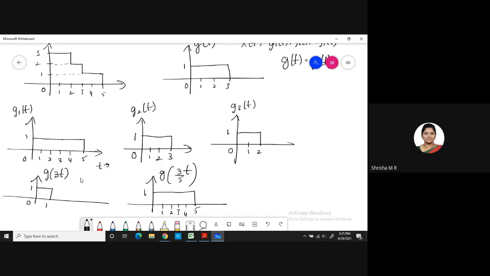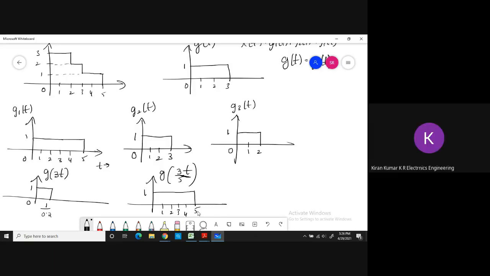Now again I am expanding this signal till 5, so I am scaling it by a factor 5. So 1 by 0.2, what do you get? 1 by 0.2 means it will go up to 5. The signal will expand up to 5. Got it, everyone? Or 3t by 5. Okay? Got it?